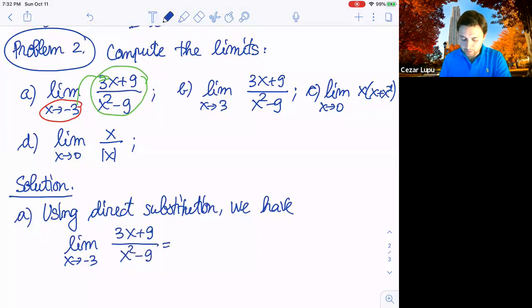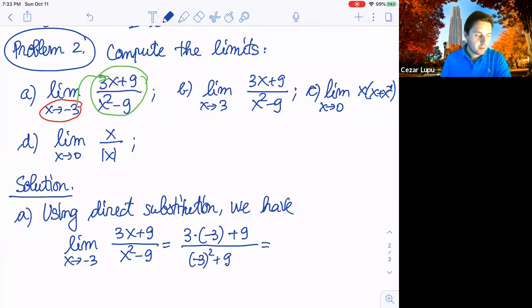This will be nothing else than, if we plug that in here, 3 times -3 plus 9, everything over -3 squared minus 9. But this guy here, what will it give us? Well, if you look, it will give us -9 plus 9 over 9 minus 9.